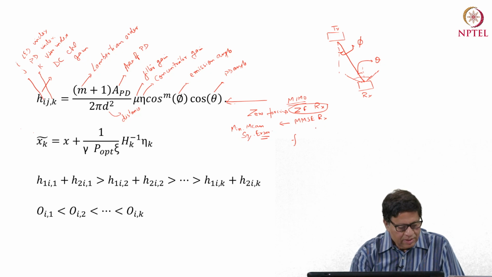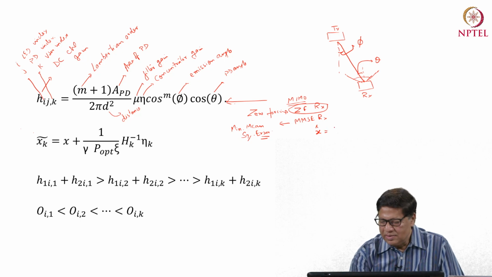the estimated x, which I am calling x hat, is given by the zero forcing function into y. y is the received signal.